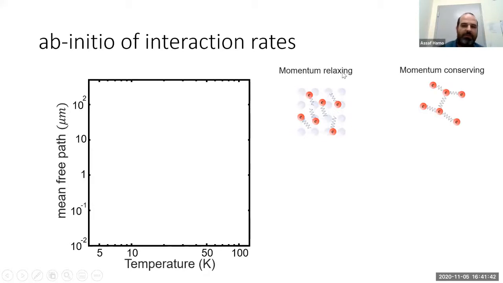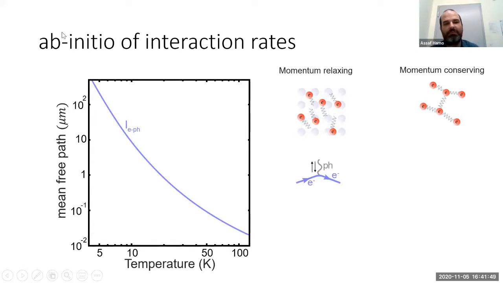As I was saying before, in the momentum relaxing interaction we have 2 kinds of interaction: interaction with phonons, which we parameterize with the mean free path, the distance that electrons travel between successive interactions with phonons, and interaction with impurities.